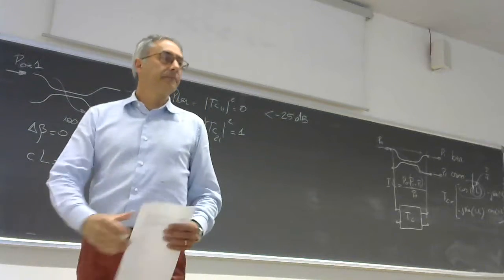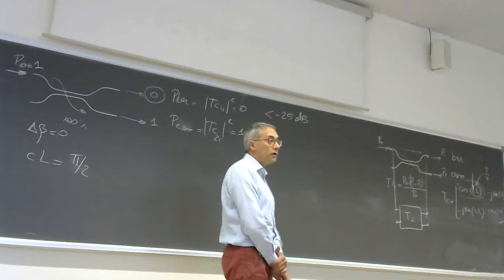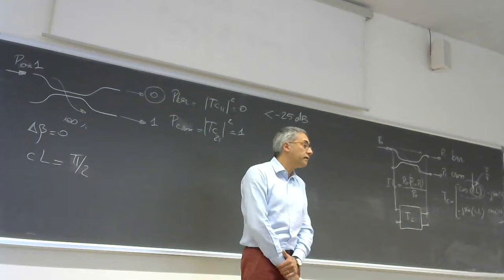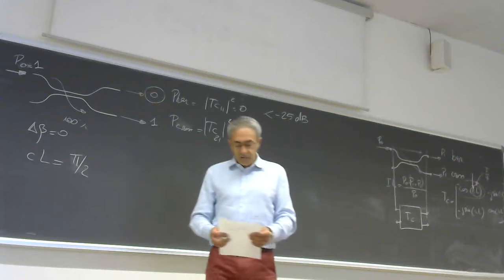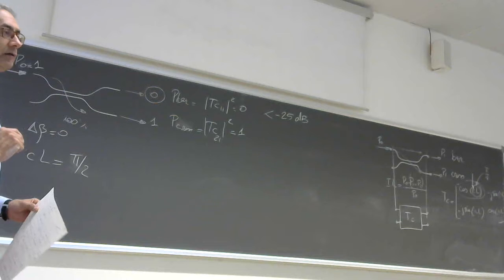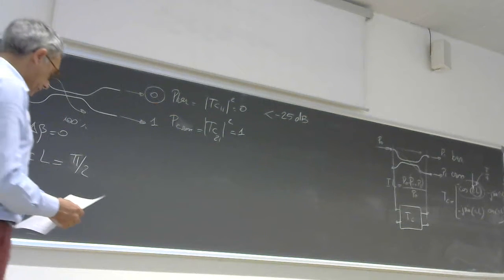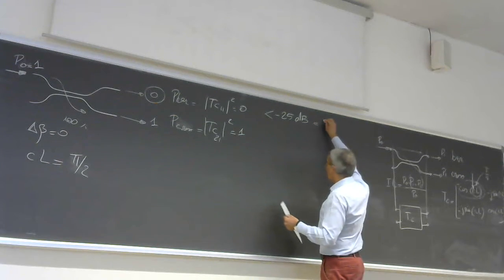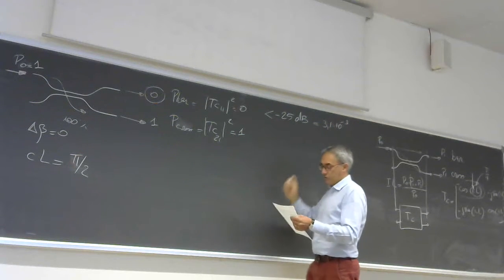If the power there is lower than minus 25 dB, it is acceptable. It can be 30, can be 20, can be 10, can be 60, depending on your application. So which is the tolerance on the CL product? 25 dB is equal to 3.1 times 10 to minus 3.